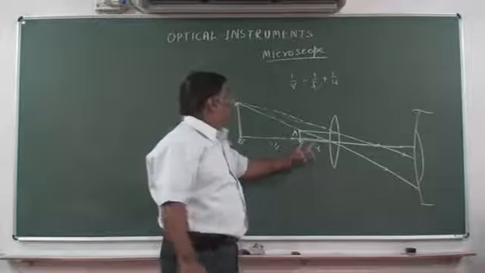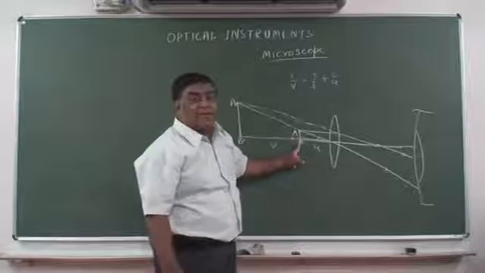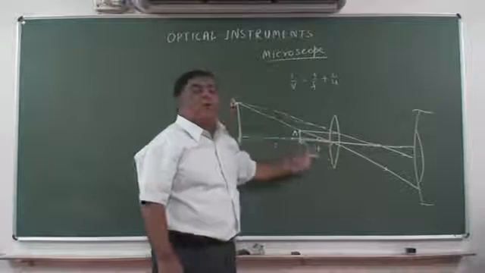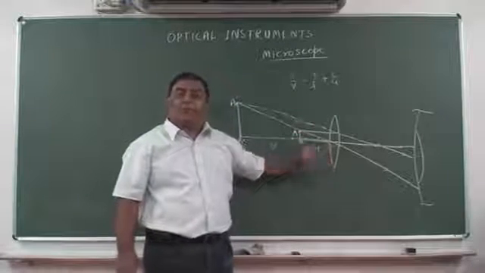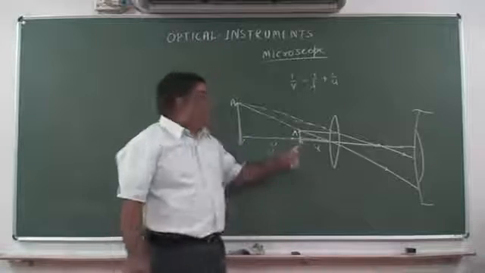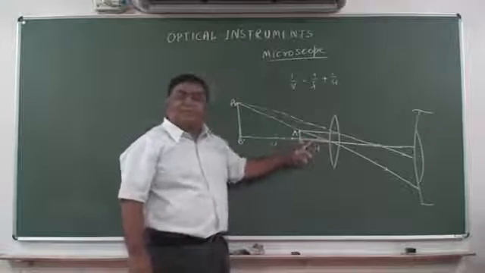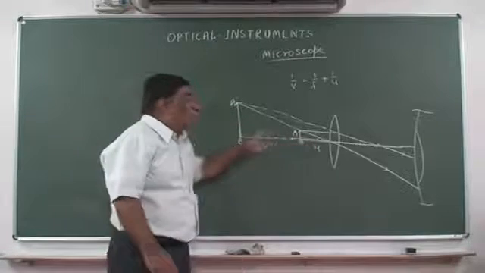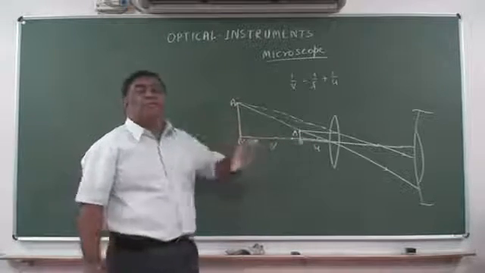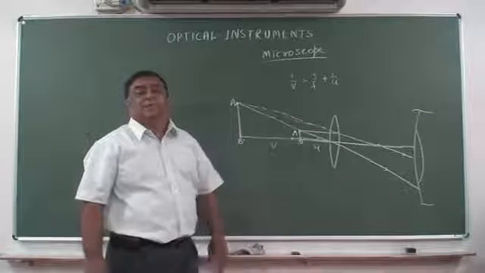Where should we keep the object? How much should be the value of U in case of a simple microscope? The answer is, this should be kept in such a way that V is so much that A dash B dash is very clear to us.